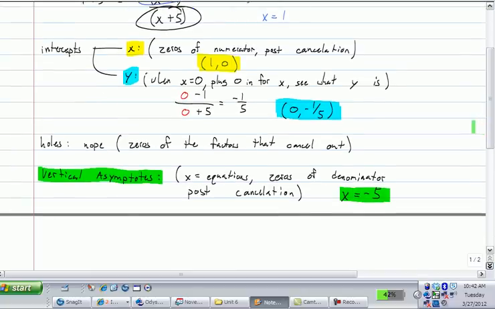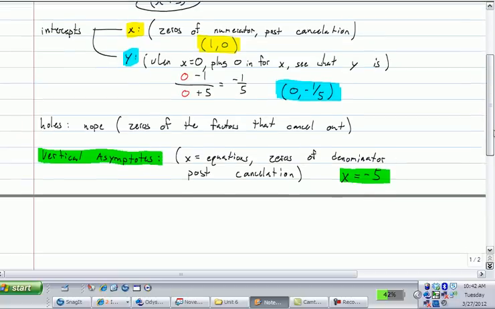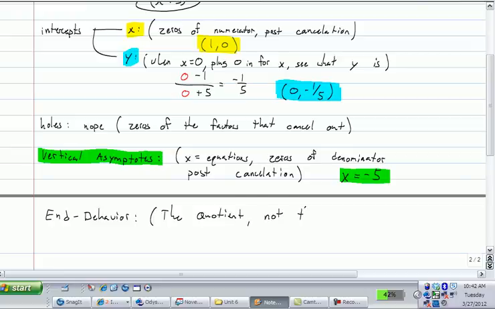And you have one more thing. End behavior. That is just the quotient, not the remainder.